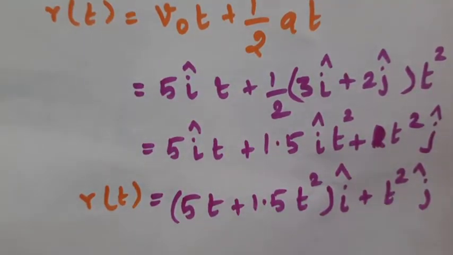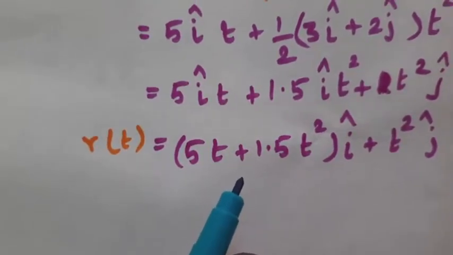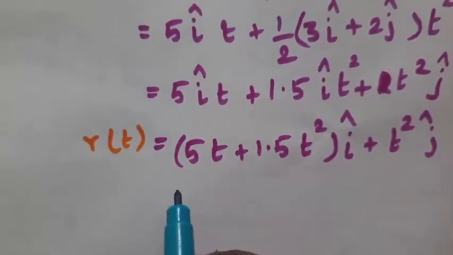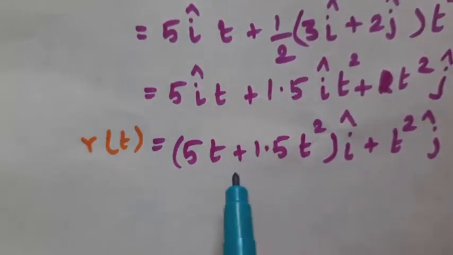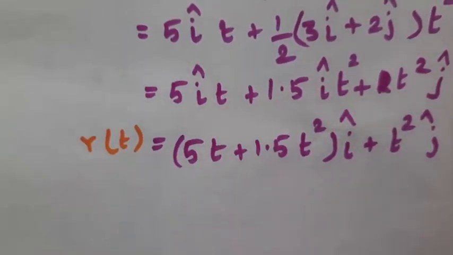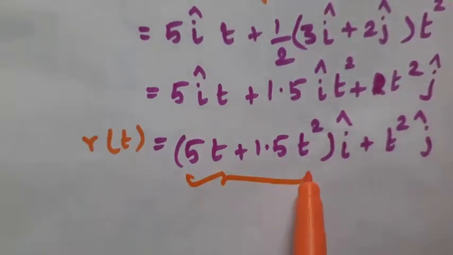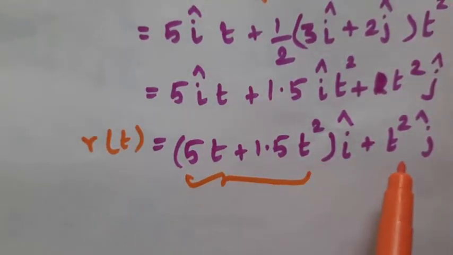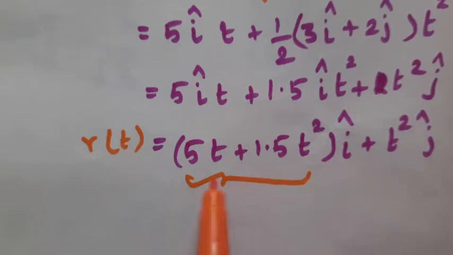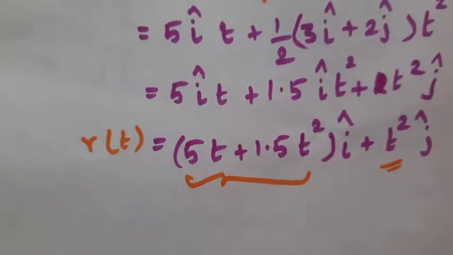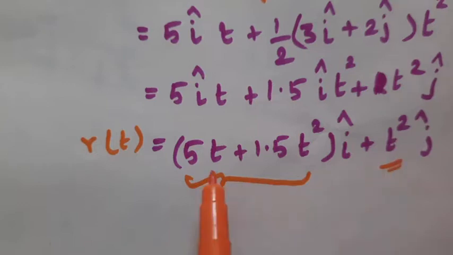What you have to find is the y coordinate when the x coordinate is 84. To find that, you need to separate these terms into the x coordinate and the y coordinate. The 5t and 1.5 t square are the x coordinate, because they belong to i cap. The t square is the j cap coordinate, that is, the y coordinate.